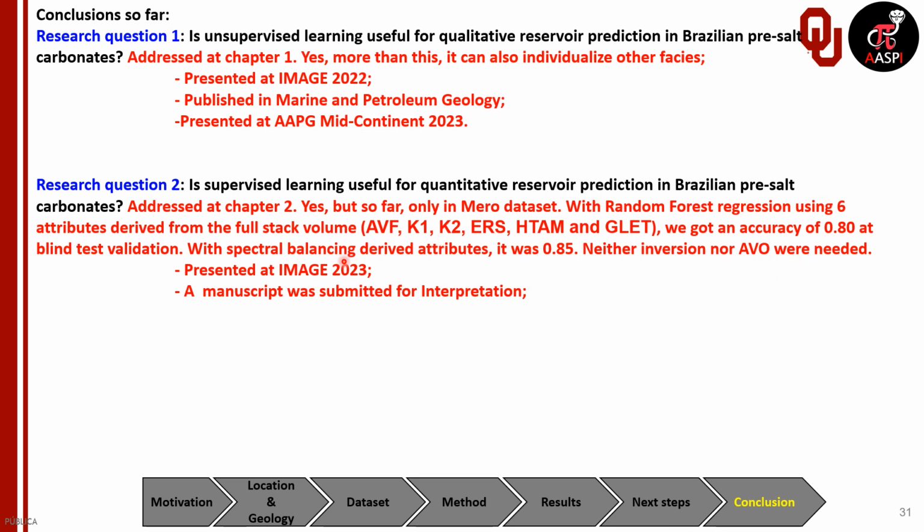We got pretty high accuracies, and we used spectral balancing to improve the seismic resolution. We got higher accuracies of 0.85, and neither inversion nor AVO were needed. It was presented at IMAGE 2023, and it was submitted to Interpretation and is under review.